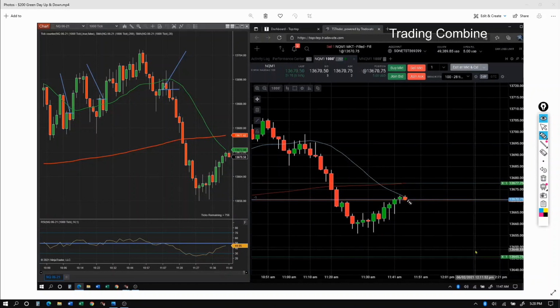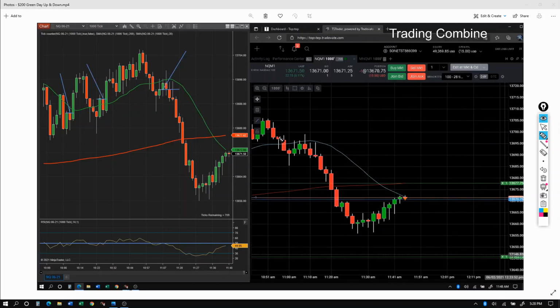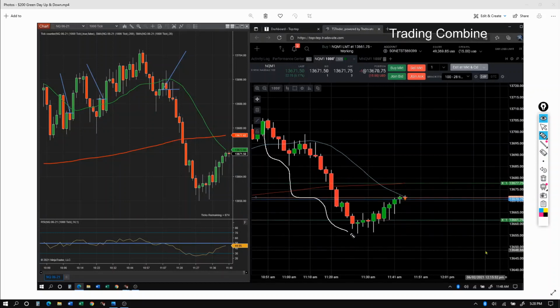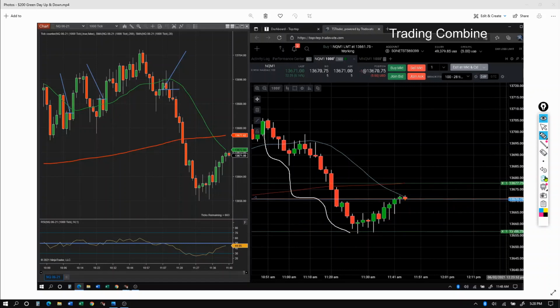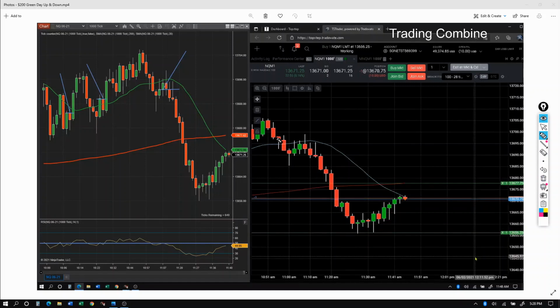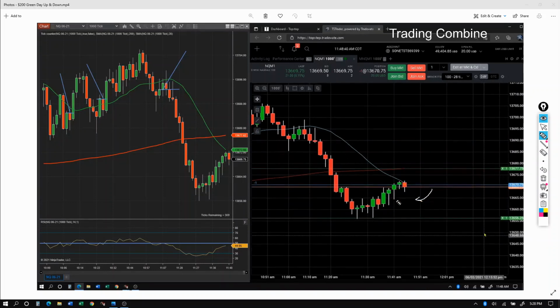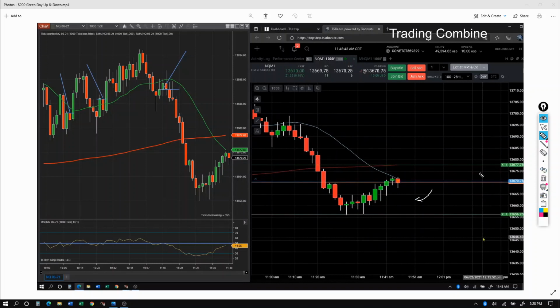The reason I took this trade and the reason why I missed all this is because I was outside running an errand, so I wasn't at my computer for all this. But then I saw it retrace back to the 20 and I entered below the break of this green doji.